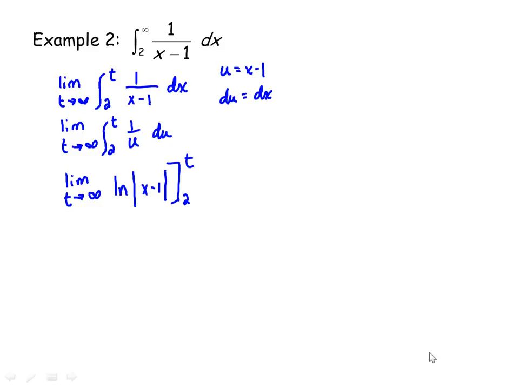But our u is x minus 1. Okay, let's plug in our boundaries. So we're going to have the limit as t goes to infinity of the natural log of t minus 1 minus the natural log of 2 minus 1.